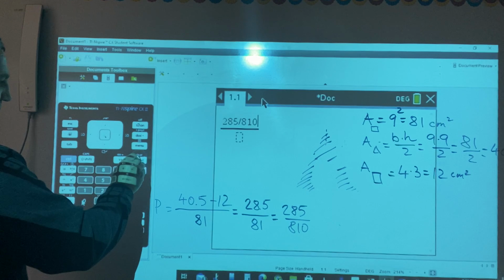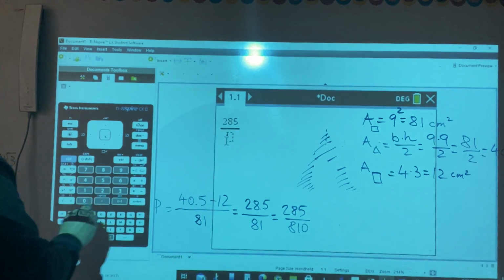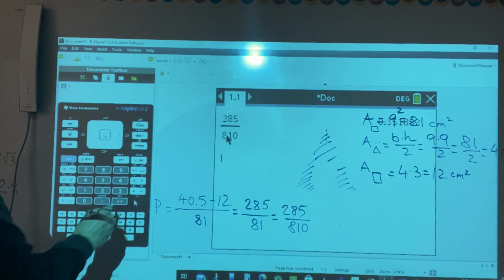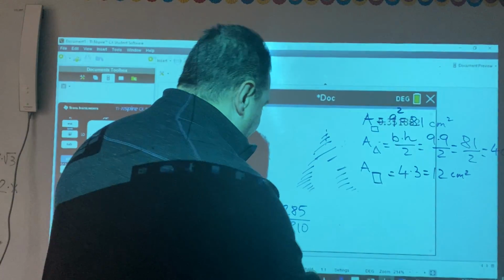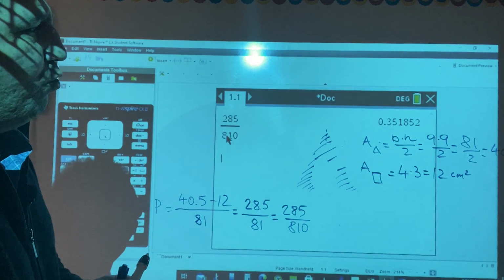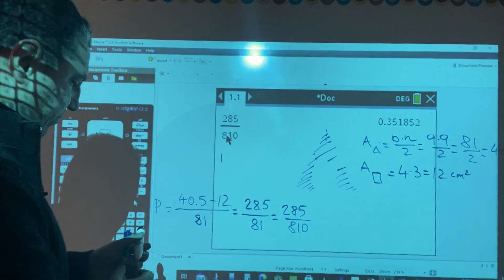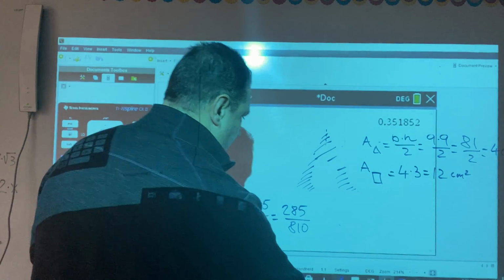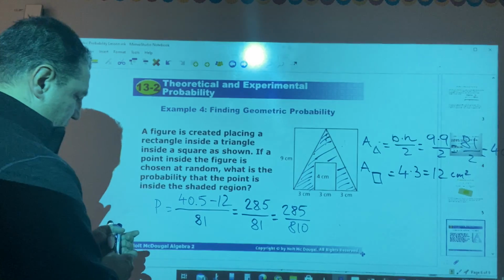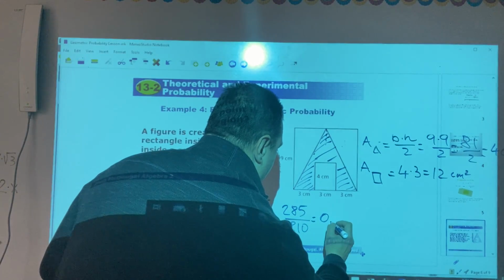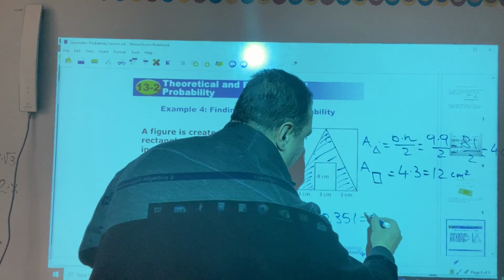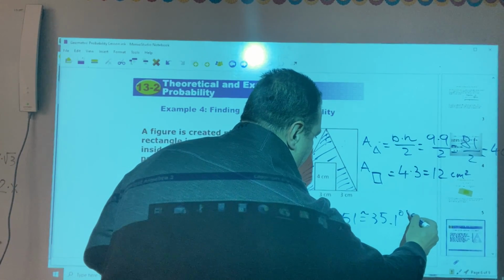Hold on. 810. Enter. So you have 0.351, or if you like, about 35.1%.